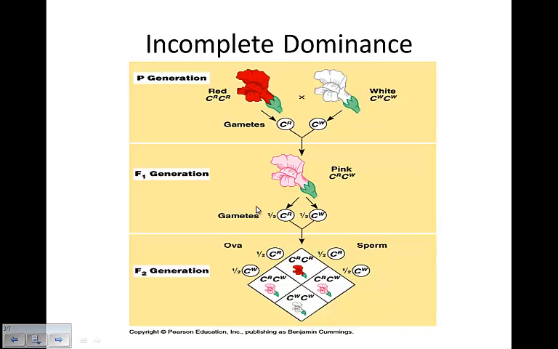We know that's not true now, but it is in the case of incomplete dominance. Just think of this word: dominance. Let's say red is dominant here. Well, you're not getting completely to red. There you go. Now you're going to remember it. So we're at pink here. We've crossed two different colors, and we've ended up with pink. So that's incomplete dominance.